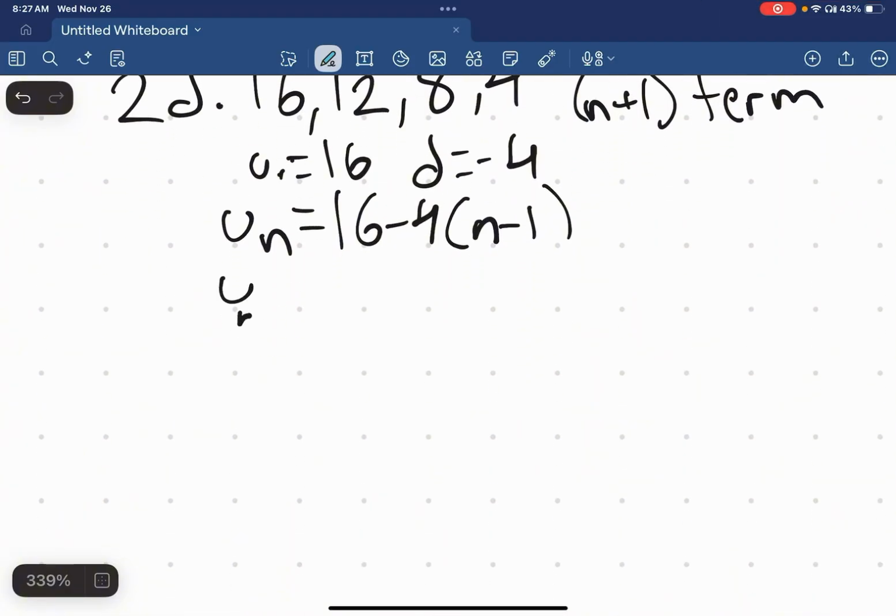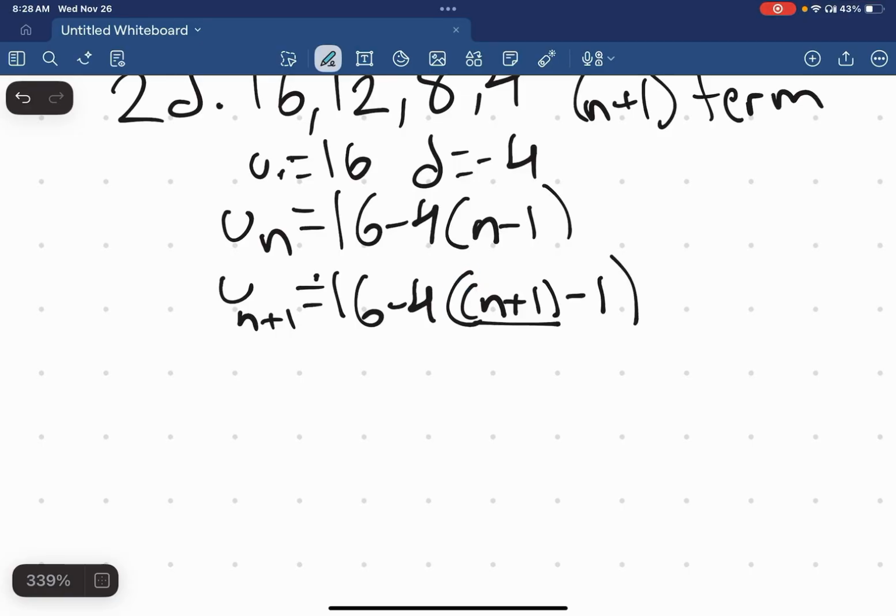Now, when it asks for an n plus 1 term, we can write it like this. It's not asking us to put n equals 1 into this equation. It's asking us to put n is equal to n plus 1. So to continue on from that, that would end up giving us n plus 1 minus 1. Let's see how those two correlate.